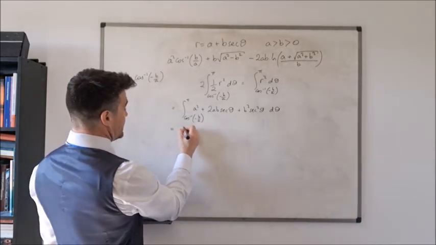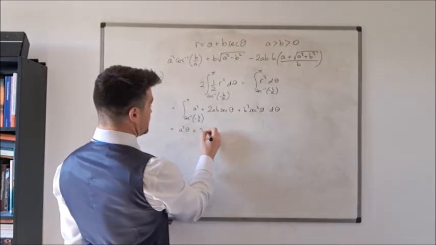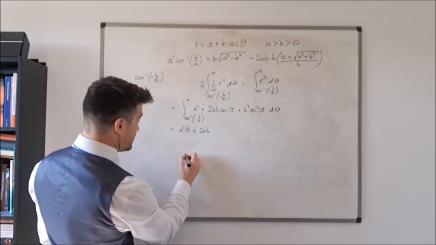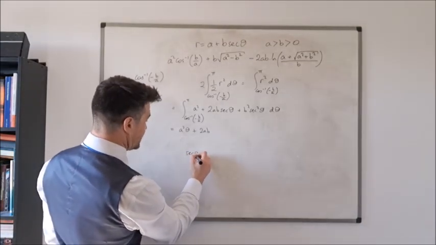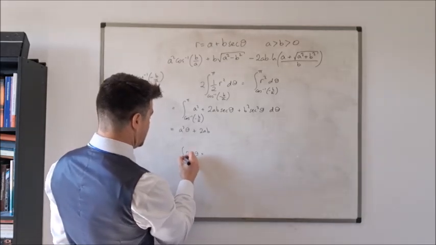So it's going to be a squared theta plus 2ab. Now, this one I always forget, the integral of sec theta, but I know how to figure it out.